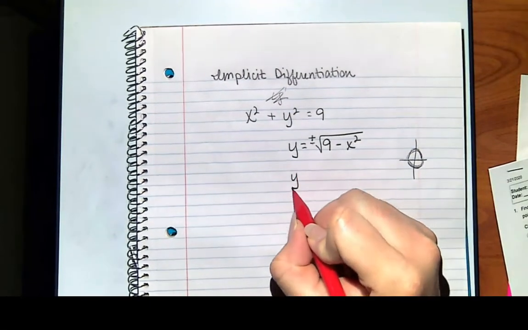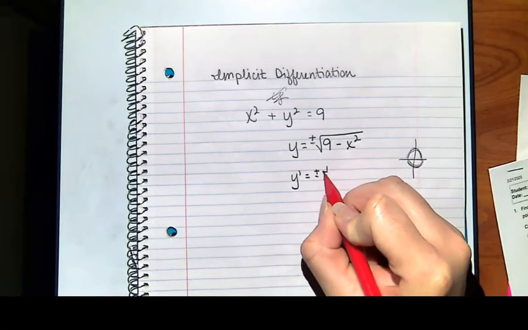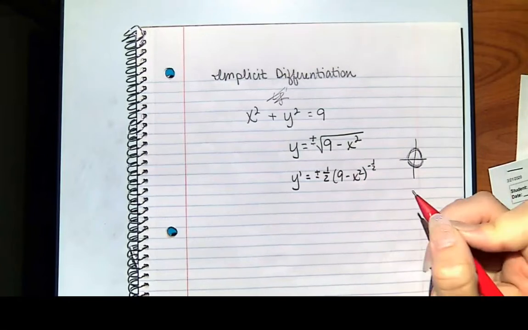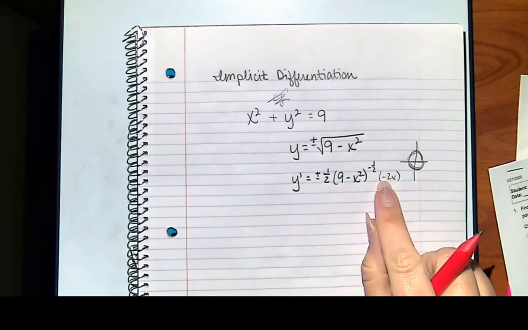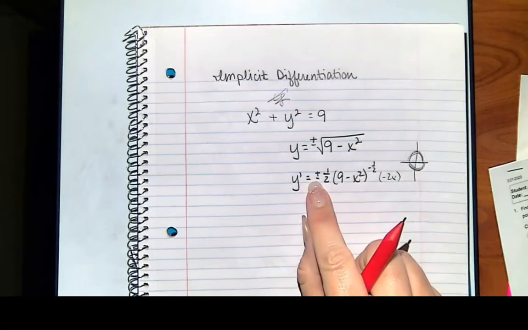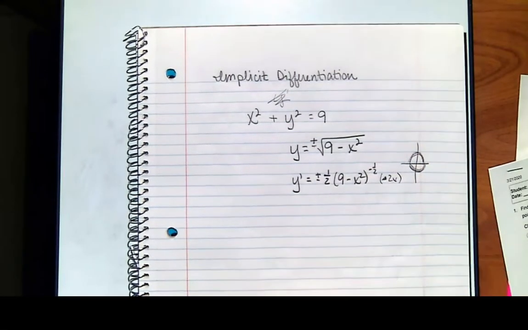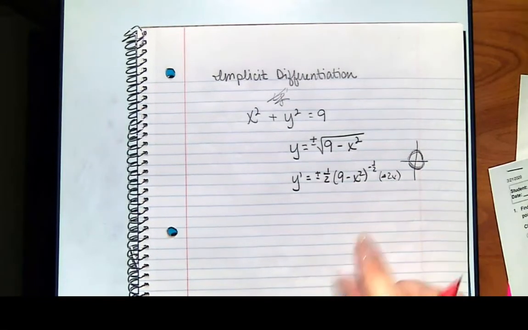So if I were to differentiate this, my derivative is 1/2 (9 minus x squared) to the negative 1/2 times the derivative of the inside, which is negative 2x. And that negative would flip-flop this plus and minus, so you can effectively just ignore it. All right, so your derivative is messy and nasty.